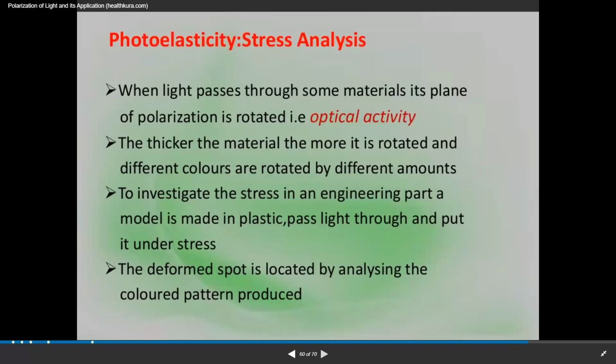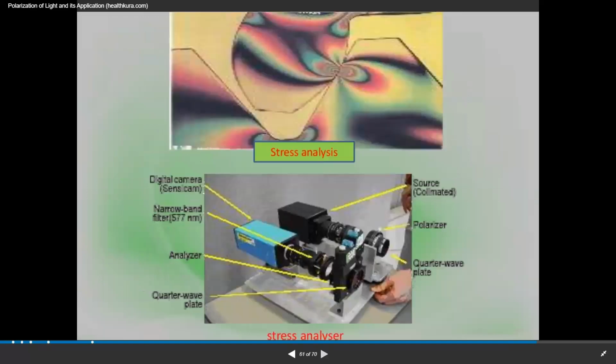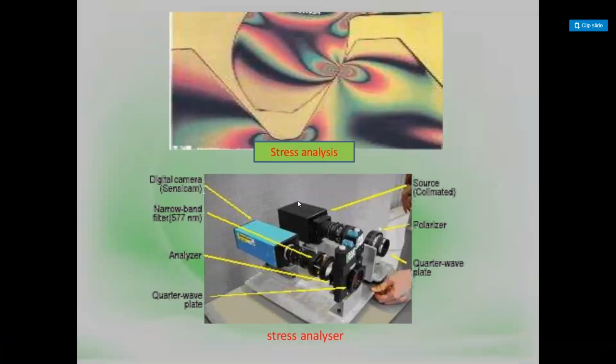And it is also used for stress analysis, to analyze the strength of materials. If there are any inner breakages in materials like plastic, steel or glass, we can analyze them with the help of polarized light.